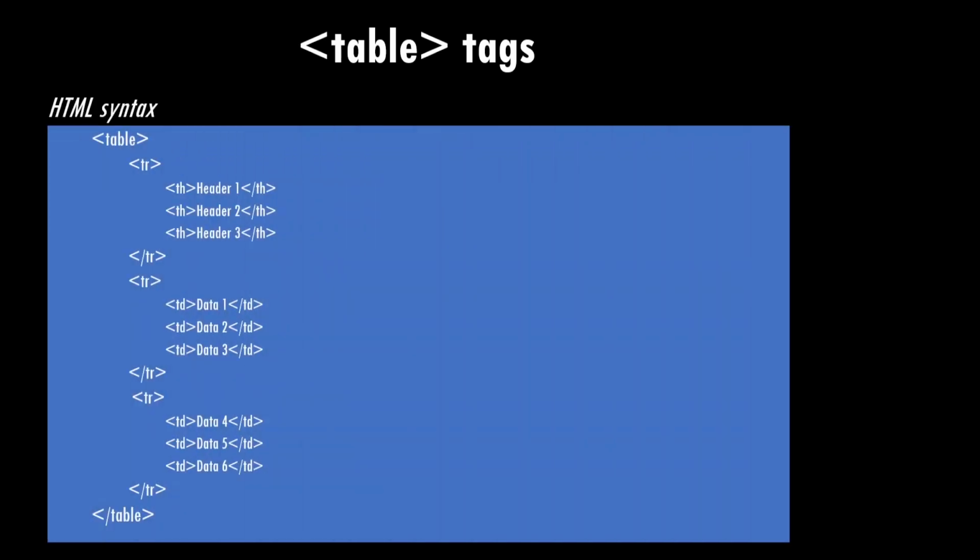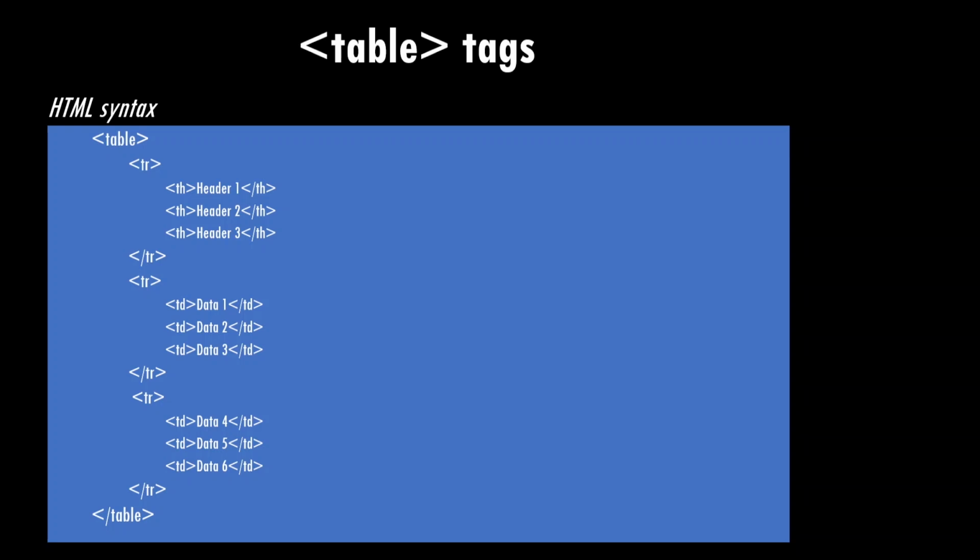Each table consists of rows defined by TR, that means table row, and each row contains cells which can be either header cells, that is TH, or standard data cells, that is TD. Here is the basic syntax.